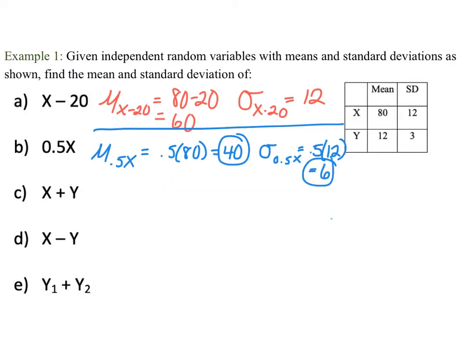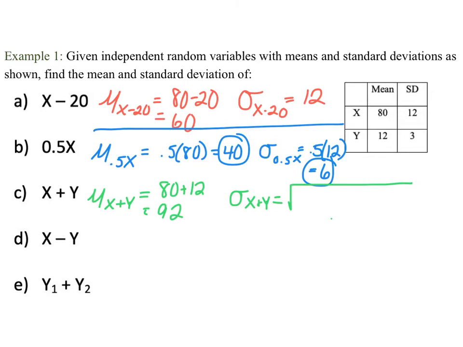Okay, so let's look at the next three examples, in which, hopefully you realize, you are combining two random variables, capital X plus capital Y. With finding new means, there's nothing tricky. So 80 plus 12 is 92. Now let's talk standard deviation of x plus y. I'm trying to write that as a subscript. I have to work off the variance.